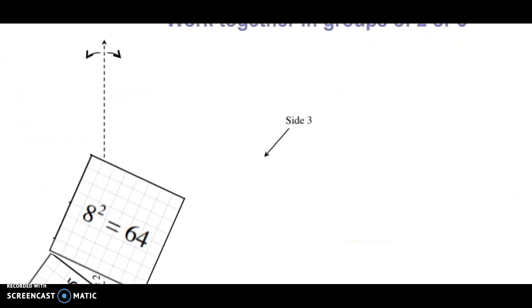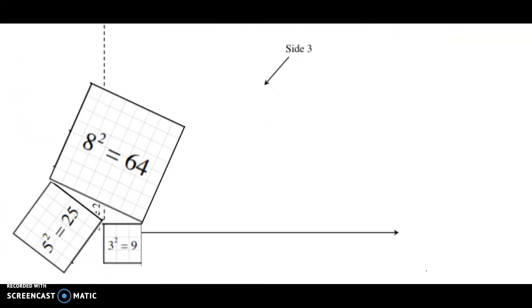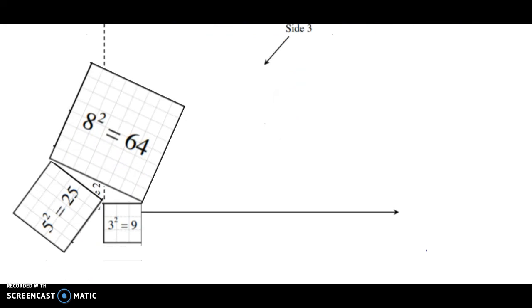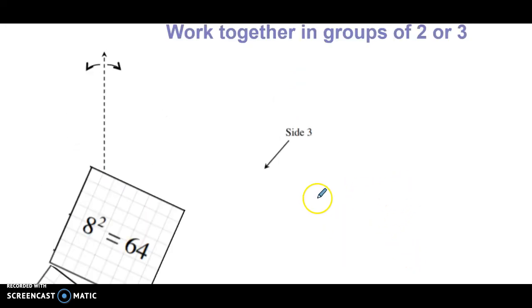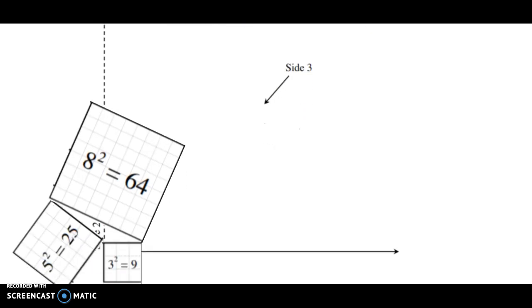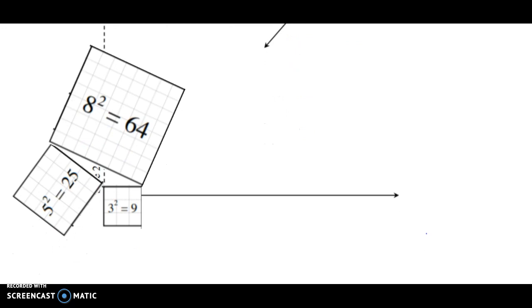At your desk, you should have a bag full of different types of squares, different sizes, and a paper that looks like this, with two angles, in a plastic sleeve. You're going to work together in groups of 2 or 3 at your desk, and take these squares and create triangles with them.